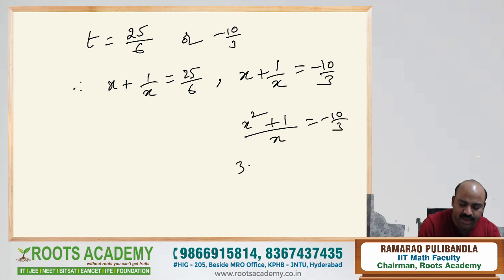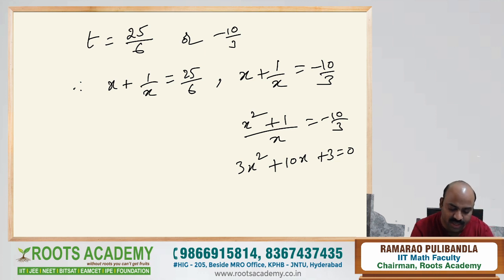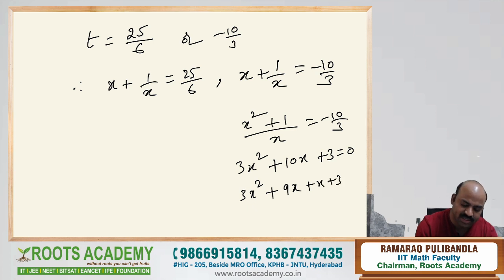So 3x square plus 10x plus 3 equal to 0. From this, what factors will you get? I'll get the factors as 3x square plus 9x plus x plus 3 equal to 0. So 3x I can take out, x plus 3 plus 1 into x plus 3 equal to 0.